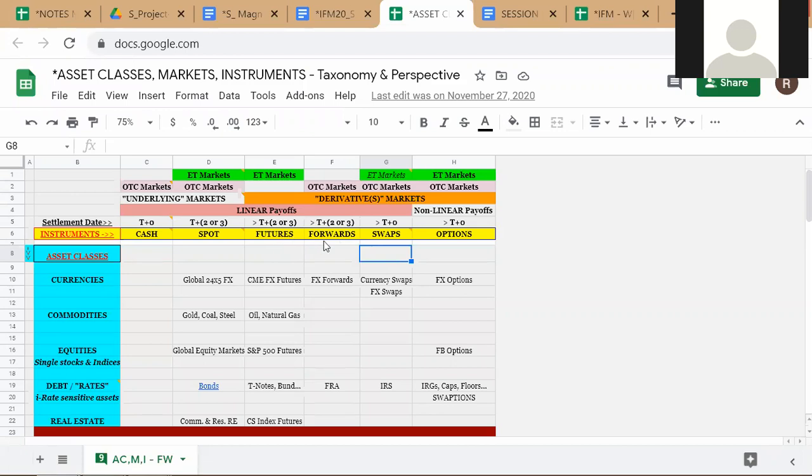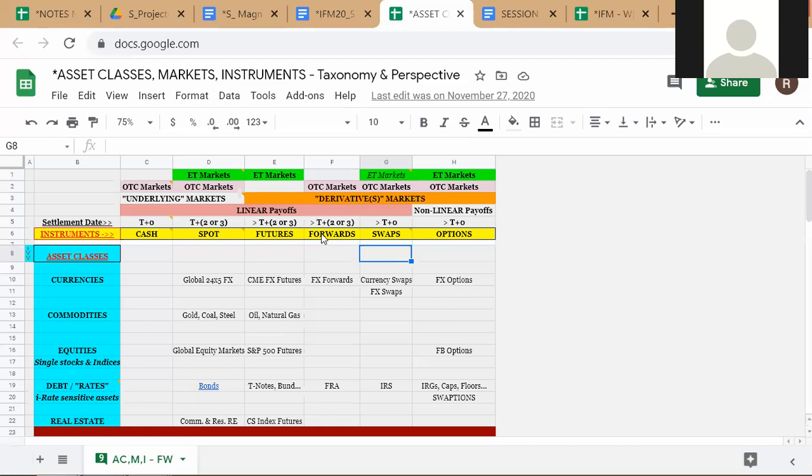Forwards are very similar to futures, economically very similar, but forwards do not have the daily cash flows that you see with futures, because every day's P&L is either paid to you or taken from you, depending on whether it's a profit or a loss for you. Whereas in forwards, there's no such cash flow. You have only one cash flow on the settlement date, whatever that is.